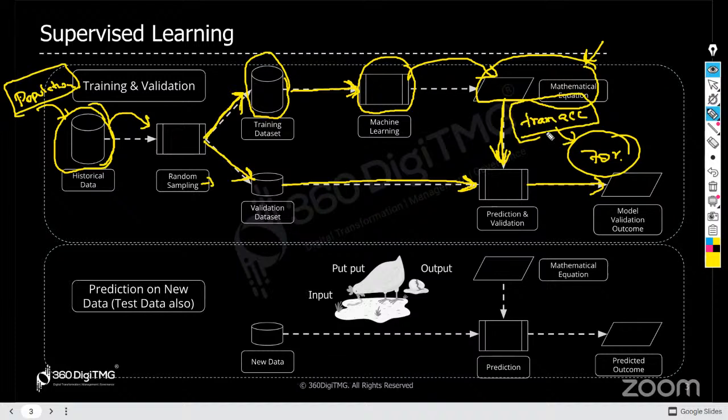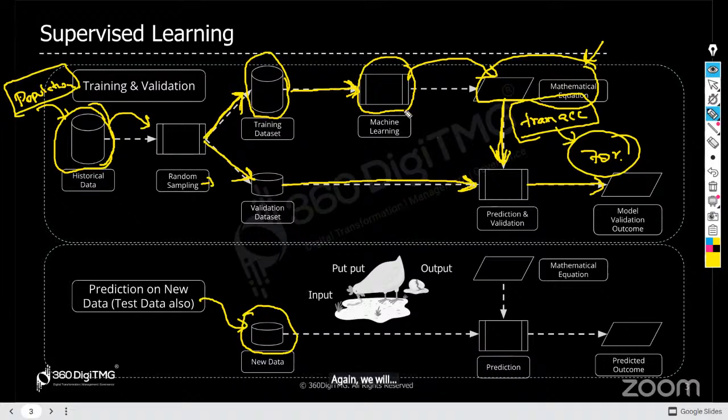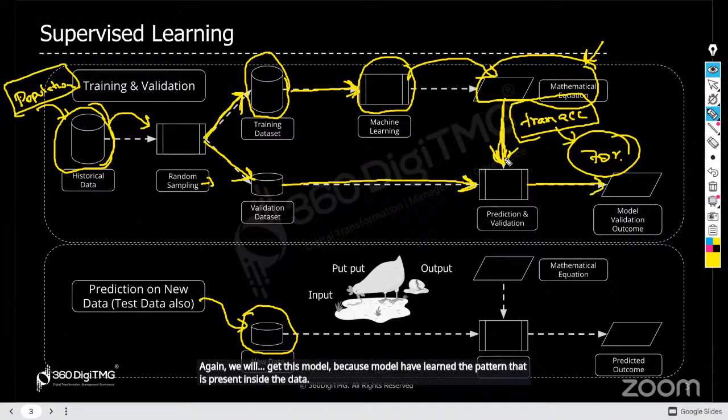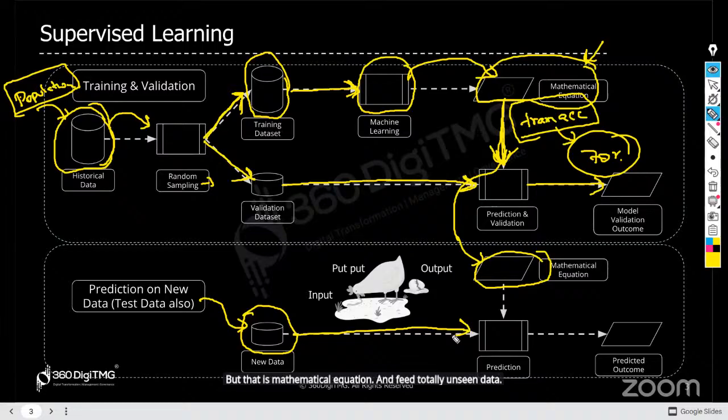In the same way, let's suppose we are getting new data, totally unseen data. The model didn't know about this data. We take the same model, which has learned the pattern inside the data, that mathematical equation, and feed totally unseen data. It's totally new to the model.